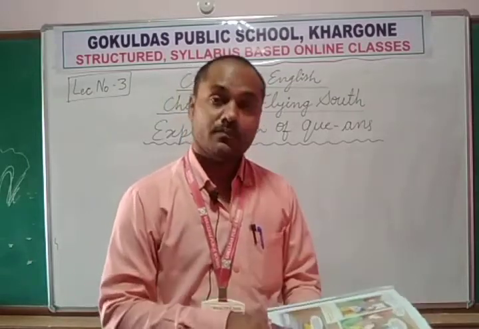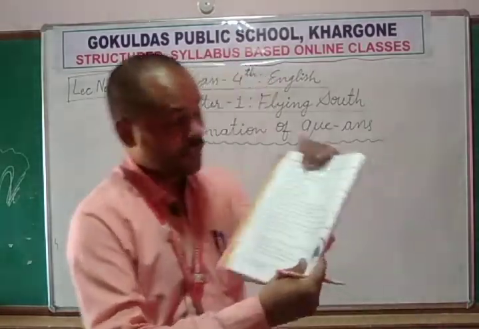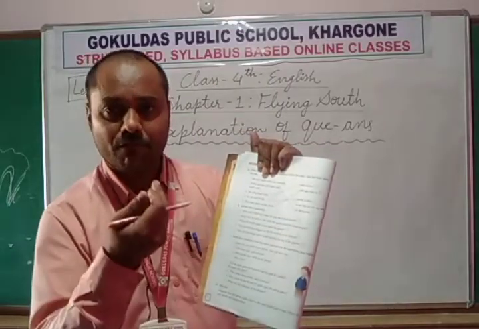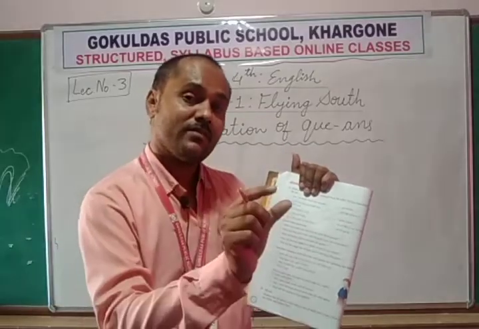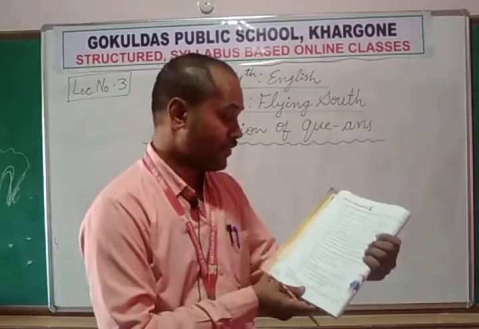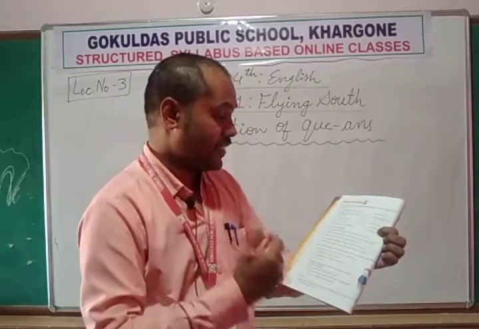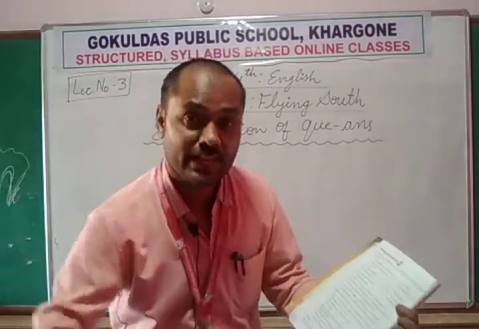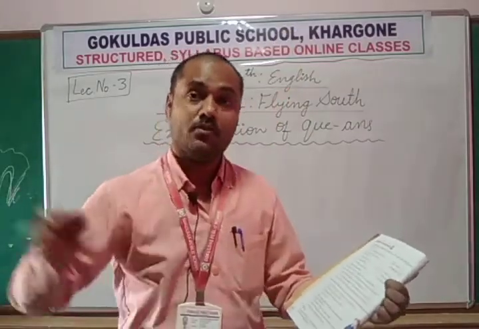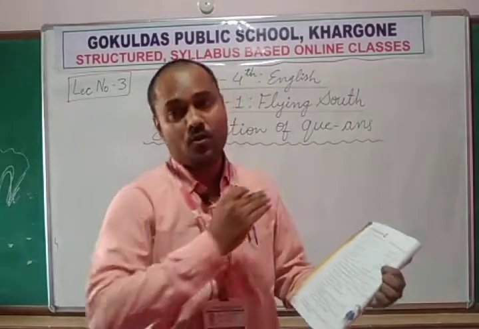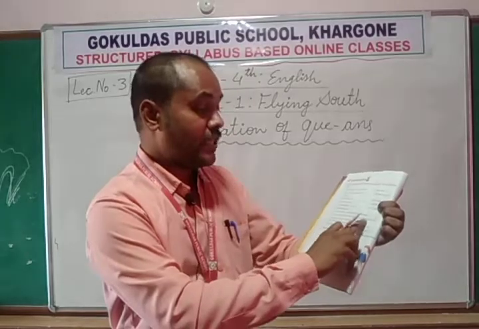So how can we make the answer? We can make the answer from the question. Just like half of the line we can pick up from the question itself, we can copy from the question, then we need to add some words to complete the answer. Just like Jim wanted to let him fly south once his wing healed.